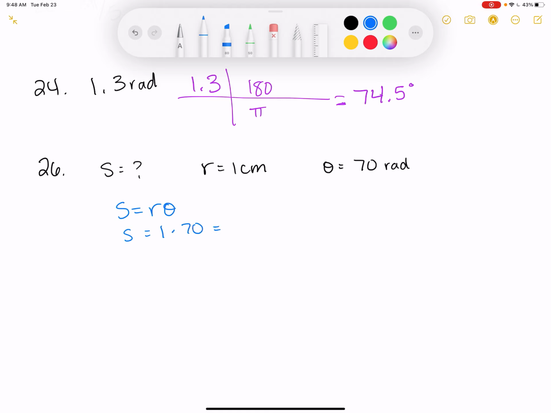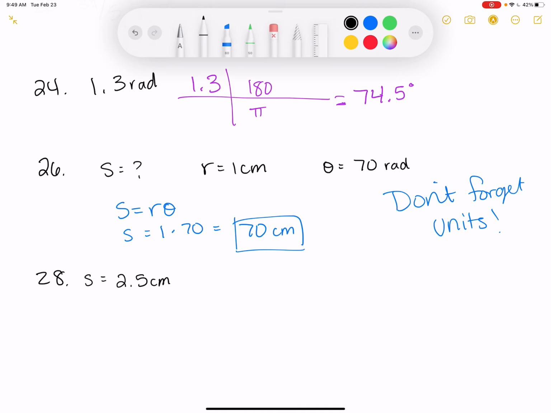All right, next one. 28. S is 2.5 centimeters. We don't know R. And theta is pi over 3.